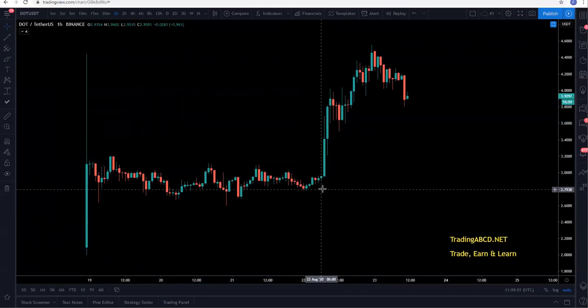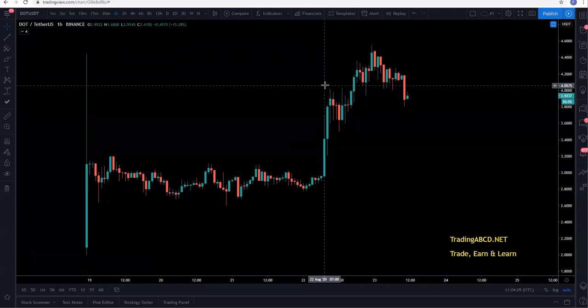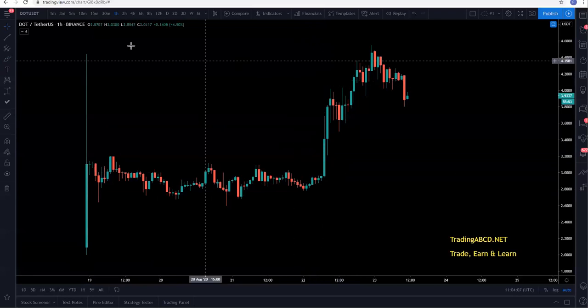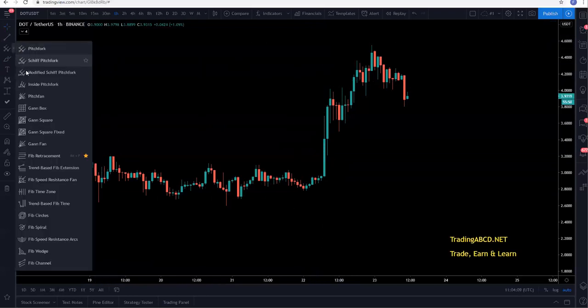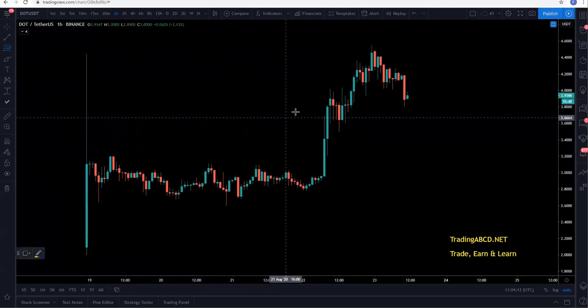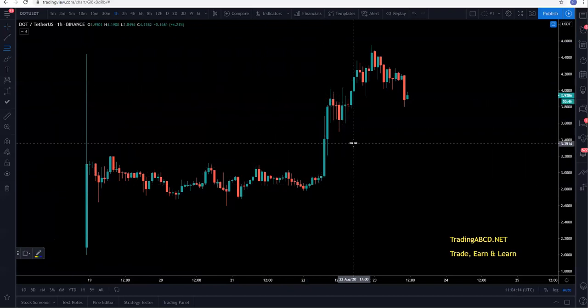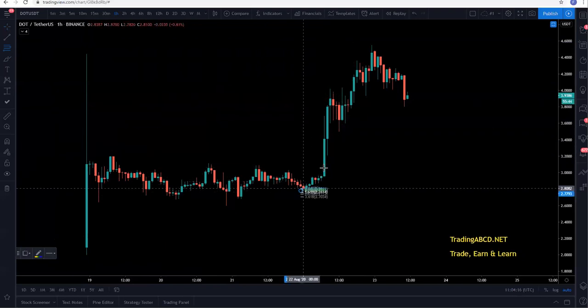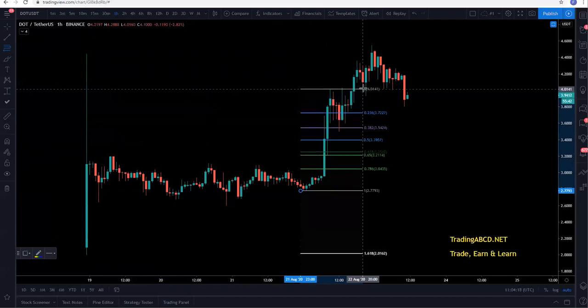When we have such a strong and bullish move, the first thing coming to my head is to apply Fibonacci and look at Fib 38.2. Let's apply Fibonacci, swing to swing, as you can see here.